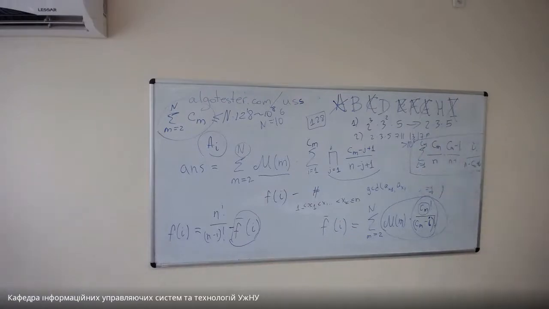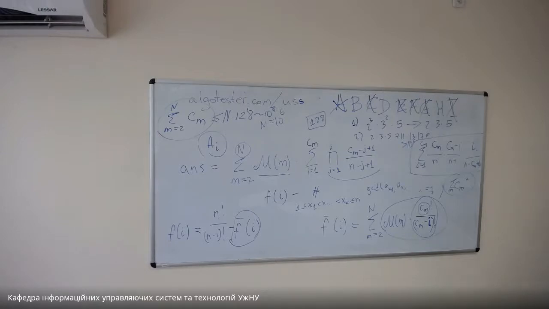And we can calculate this product, if we do this straightforwardly, with complexity c of m squared, but this is bad. But we can easily improve this by keeping some values. It's easy, but easy if you manage to understand this.